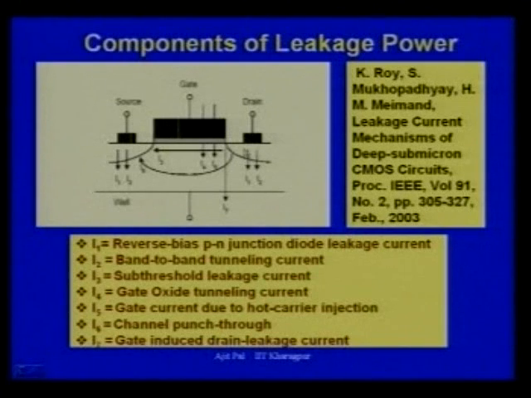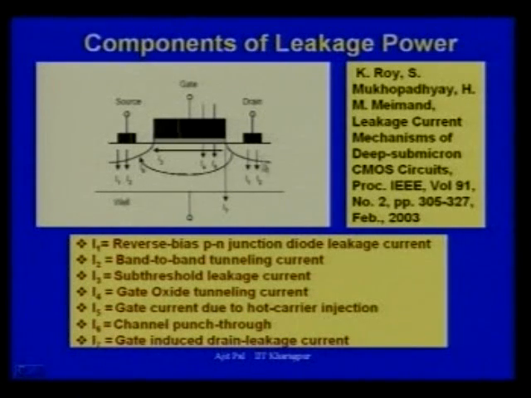As you know, if this is an NMOS transistor, this will be the N plus region, and this is the P substrate. So there is a diode here, N plus and P. Similarly, this is N plus and this is P, and these diodes are reverse biased. And since they are reverse biased, as you know, reverse biased diodes have some leakage current. So there will be reverse biased PN junction diode leakage current.